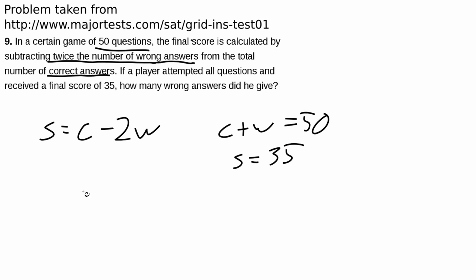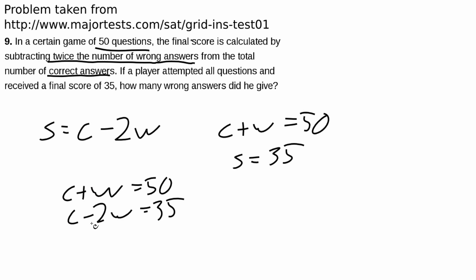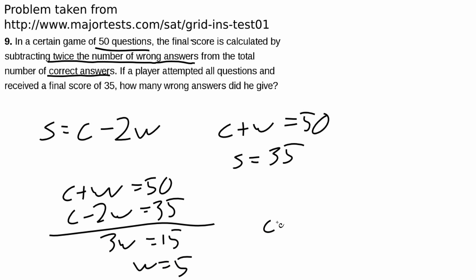Well, I could do a system of two equations, C plus W equals 50 and C minus 2W equals 35. As a matter of fact, that's so straightforward, I'm just going to go ahead and do that. Subtract here to here: 3W equals 15, W equals 5, C equals 45.